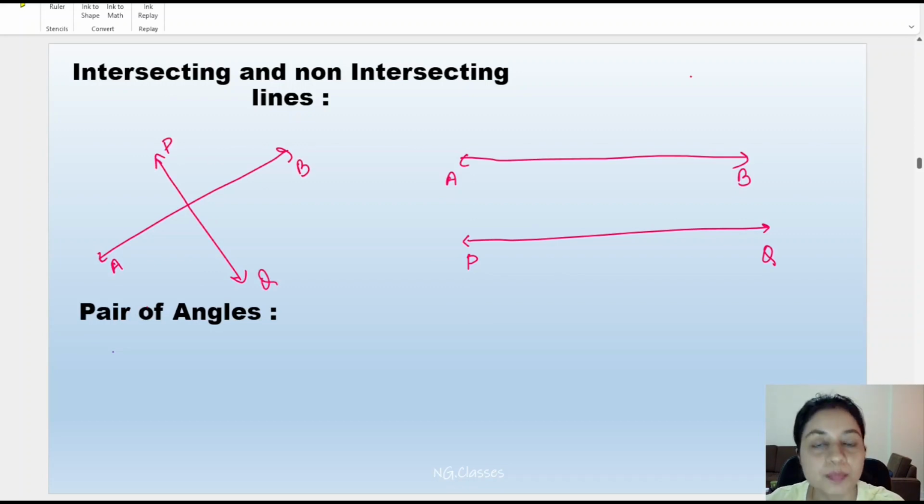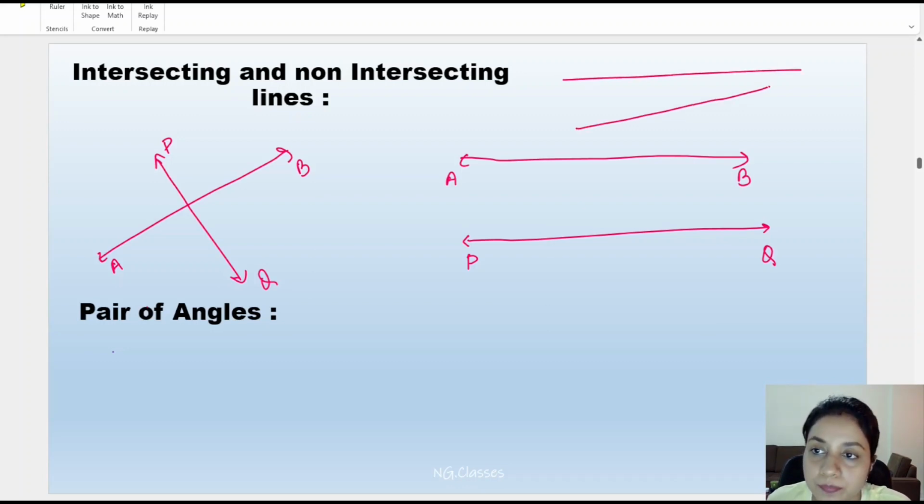Now your question will be, what if we have two lines in such a way that neither are they parallel to each other nor intersecting each other? So let me show you that case. If you are talking about this type of line, let's say line PQ and line MN, then when you stretch the line, when you expand the line, let's extend it.